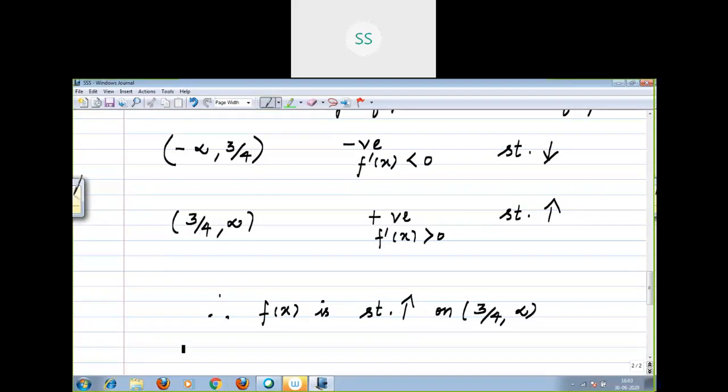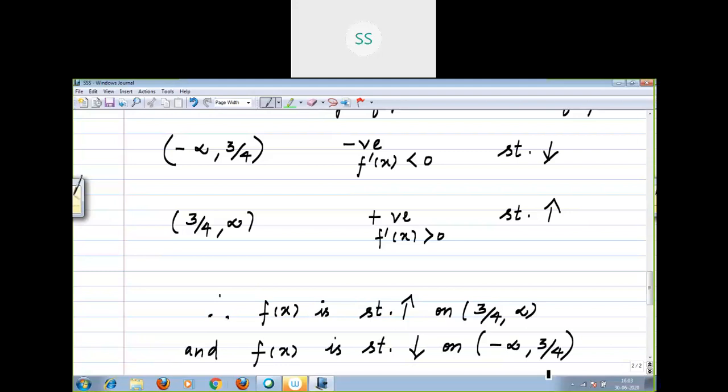For the second subdivision, the function is strictly decreasing on the open interval minus infinity to 3 by 4.